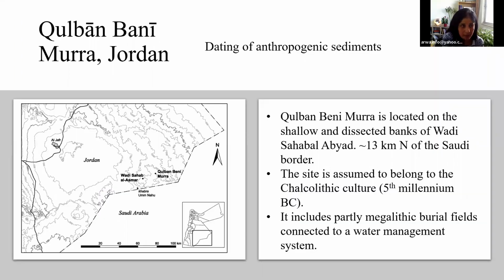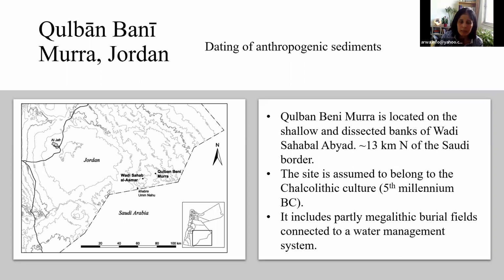In the last case study, it is about Kolban Bani Murra in Jordan. This study is an example of dating sediments that have not been deposited by natural activities, but rather by human activities.